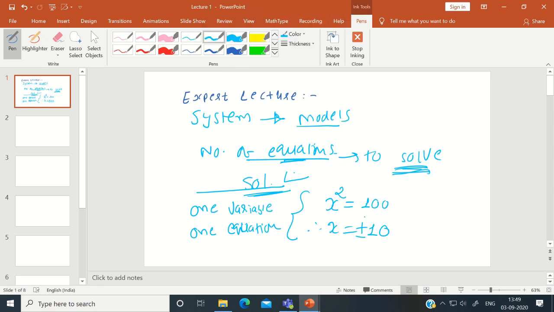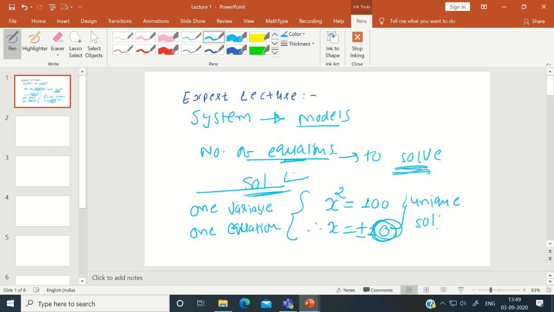So for this system we get the unique solution, that is x is equal to plus or minus 10. I would also generalize this fact.